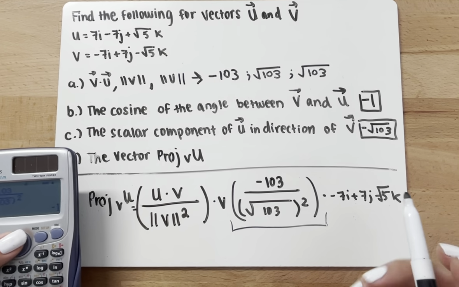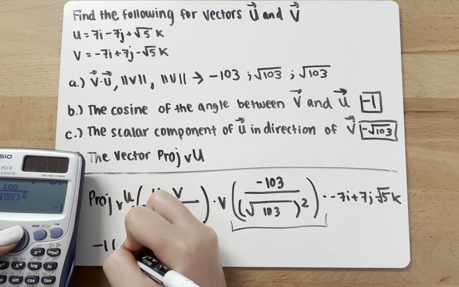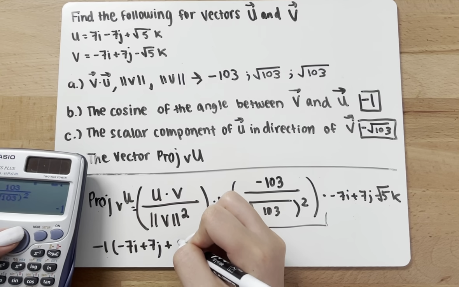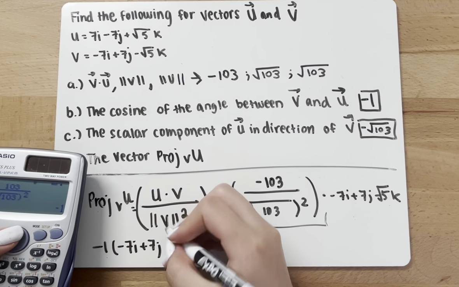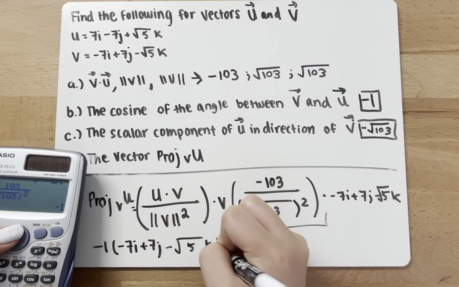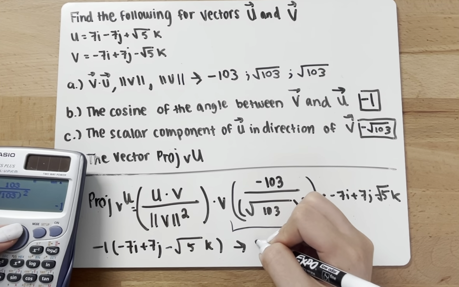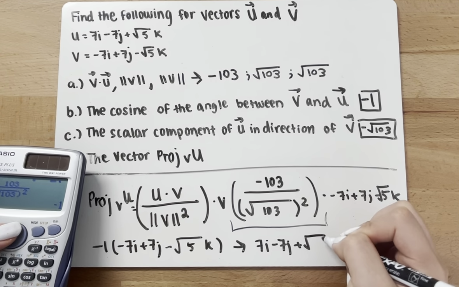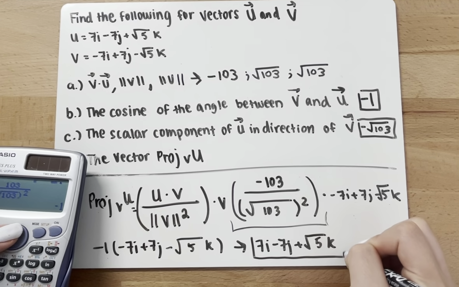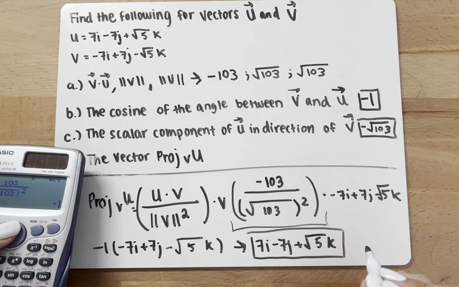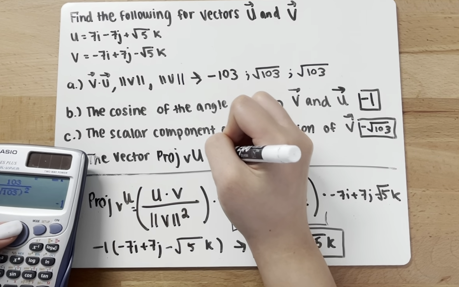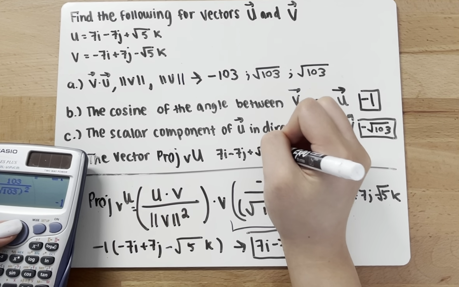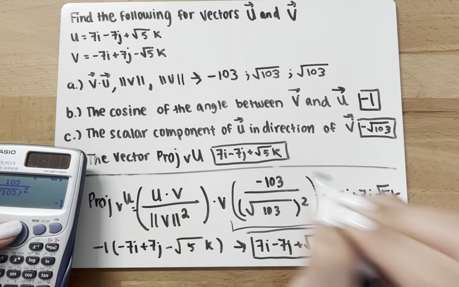So it's just negative 1 times negative 7i plus 7j minus root 5k. Distribute that and you get a positive 7i minus 7j plus root 5k. This is the vector projection of u onto v. So write that down right here. And there you go.